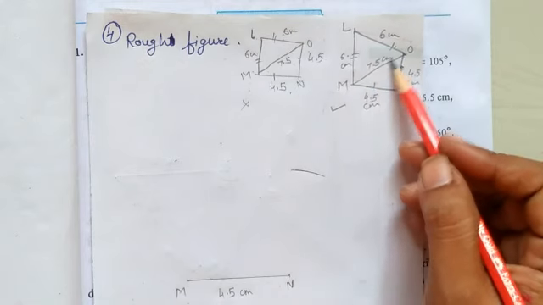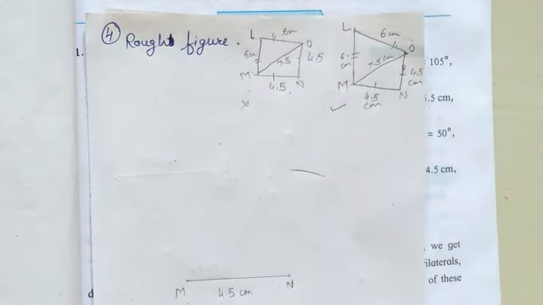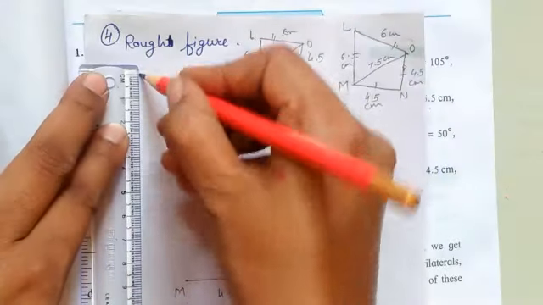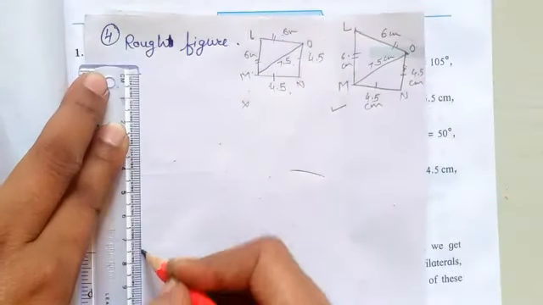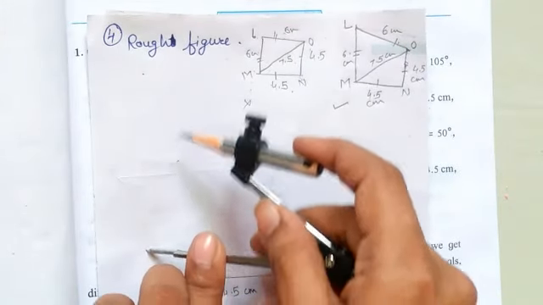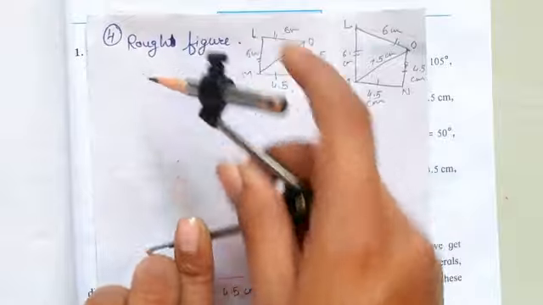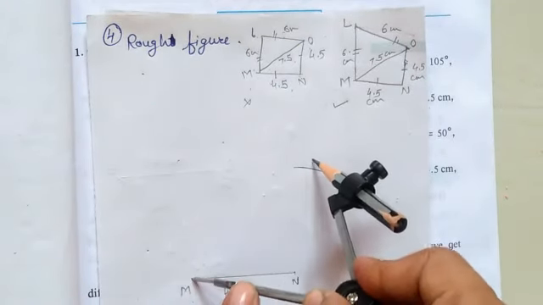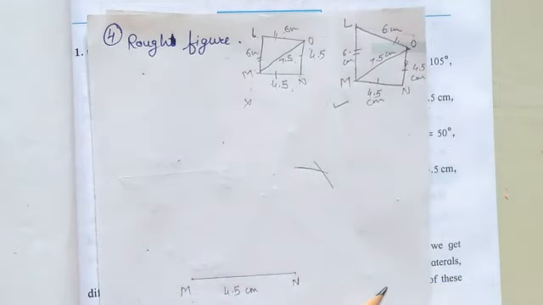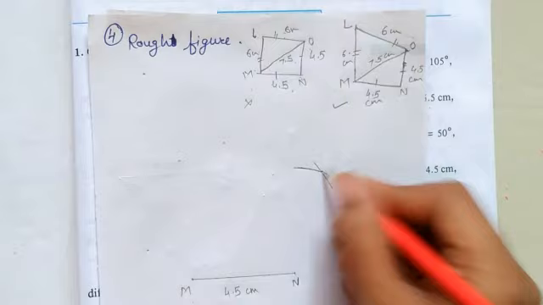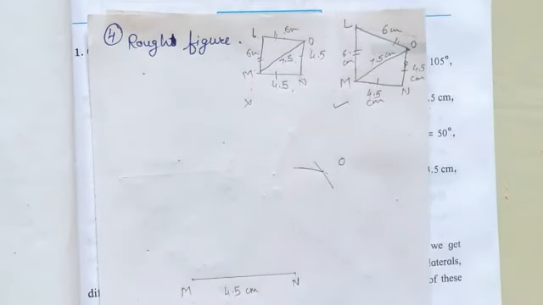So the length of this diagonal is 7.5 centimeters that we have to take into the compass box. 7.5. So this much distance we have to take. And then put the metal point over the point M and draw an arc. So this intersection point, highlight it. This will be your point O.